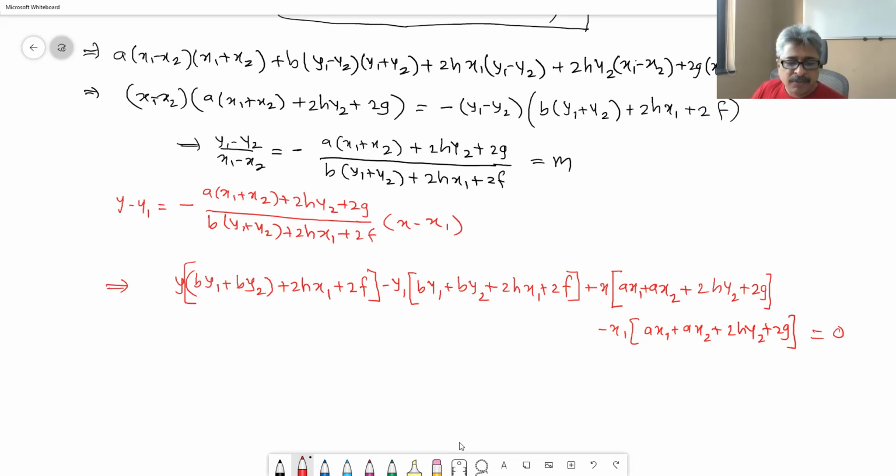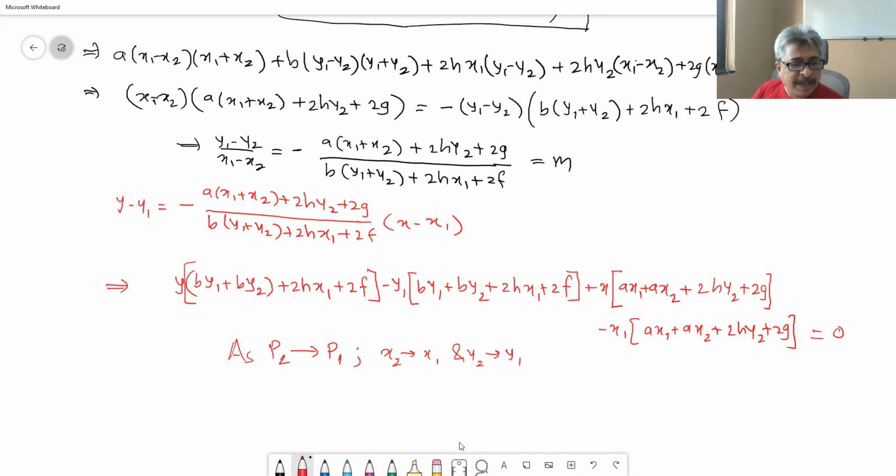But before that, what we can do is take the limiting condition as P2 moves to coincide with P1. What will happen? x2 will become x1 and y2 will become y1.